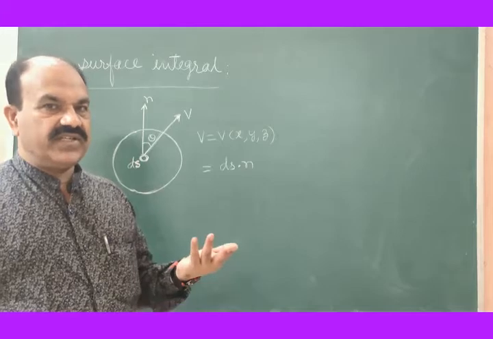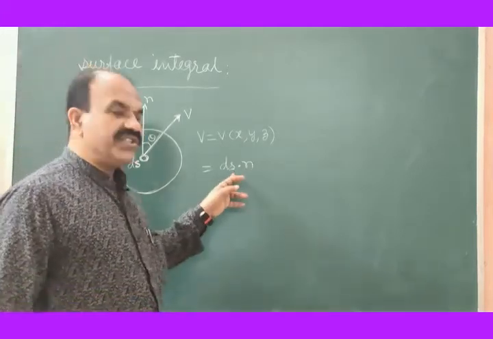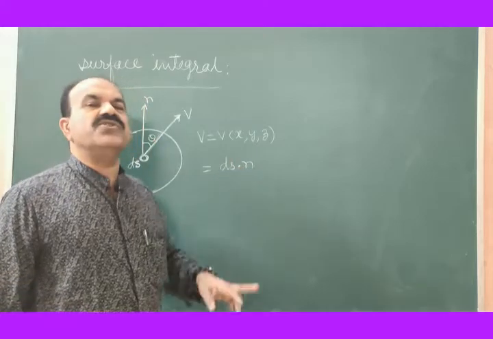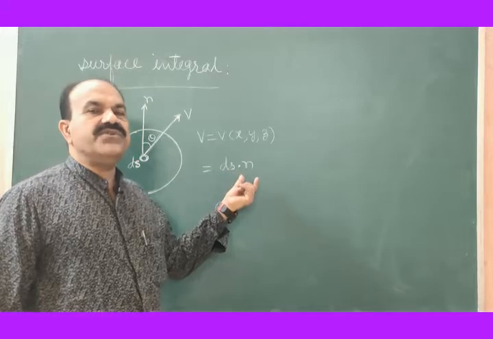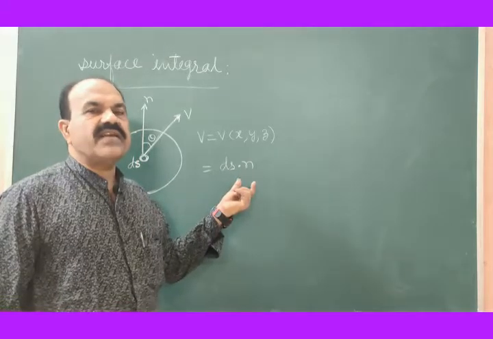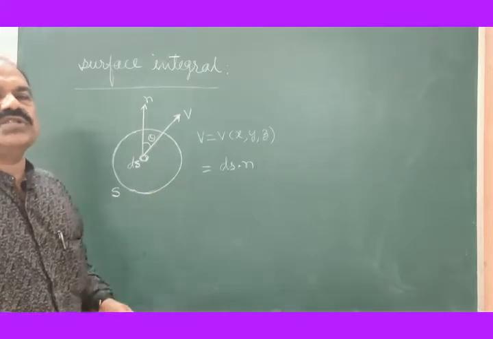S is a vector surface, ds is also a vector, n is also a vector. So, ds dot n gives the surface element ds of the closed surface S.